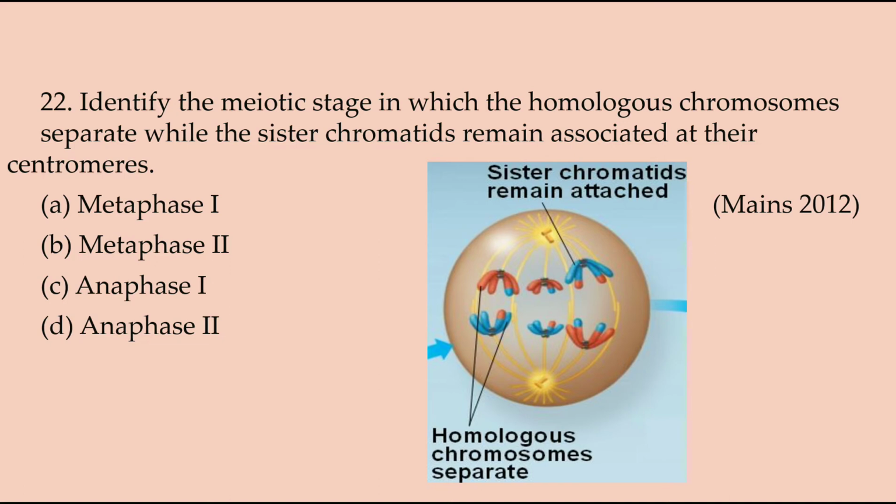You see, the sister chromatids remain attached to each other and homologous chromosomes are separated. Homologous chromosomes after recombination are separated, but sister chromatids remain attached with each other. So the answer is Metaphase I, Metaphase II, Anaphase I or Anaphase II. The correct option is option C, Anaphase I.